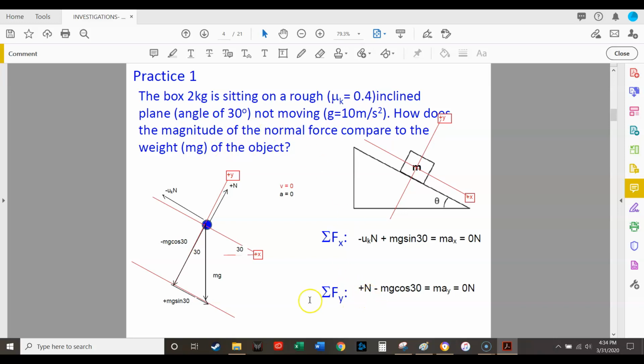In this case, the normal force is not equal to the weight of the object. Let's compare the normal force to what we have right here. We have a normal force pointed up, we have mg cosine of 30 degrees down, and that's equal to 0.